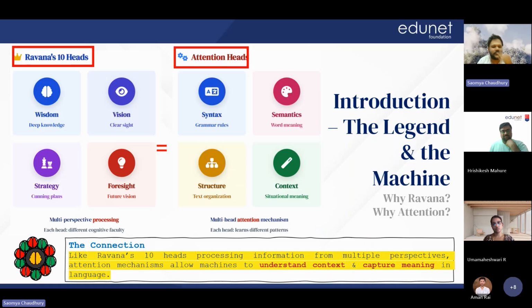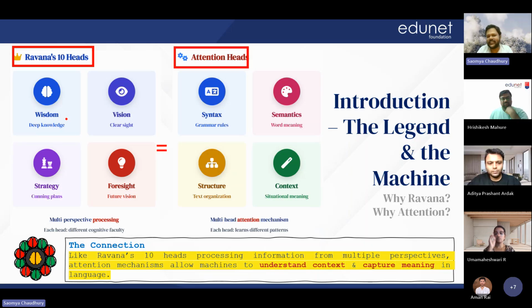We are going to talk about what an attention head is. Do not worry about that word for now, we'll talk about it. The whole idea is that the different heads of Ravan signify different things: wisdom, knowledge, vision, maybe strategy, maybe foresightedness, looking well ahead and planning ahead.